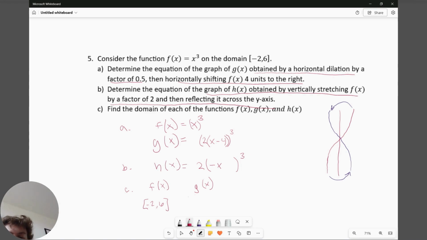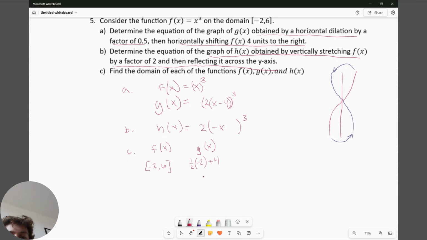So I would take my values in the domain, the negative 2, apply that dilation, and make sure we move it right 4 units. So 1/2 times negative 2 plus 4 would give me 3. Do the same thing with the 6, 1/2 times 6, and make sure we move it 4 units right. That would be 7 for our new domain.